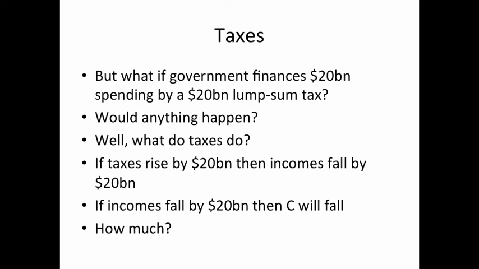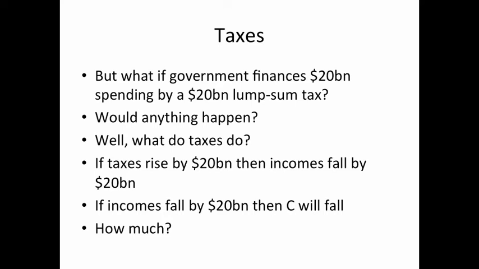So how do we deal with taxes here? Well, how do taxes work? What's the progression? How taxes affect the economy, or how taxes affect spending? Well, if it's a $20 billion lump sum tax, then the government's taxing all households a little bit more to collectively raise this $20 billion.